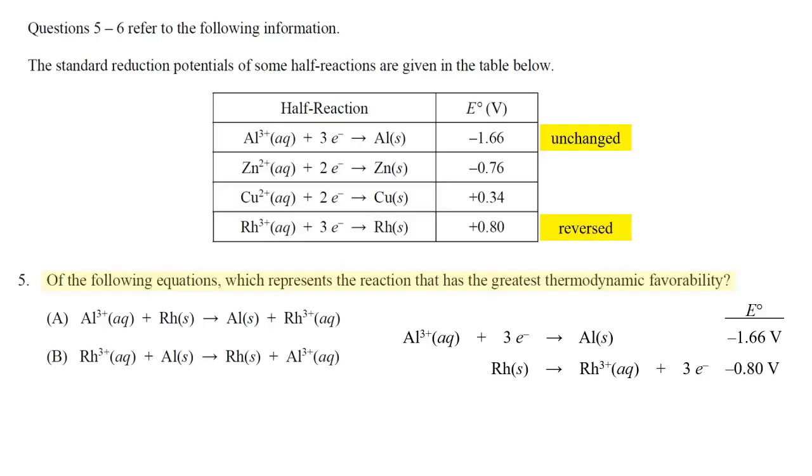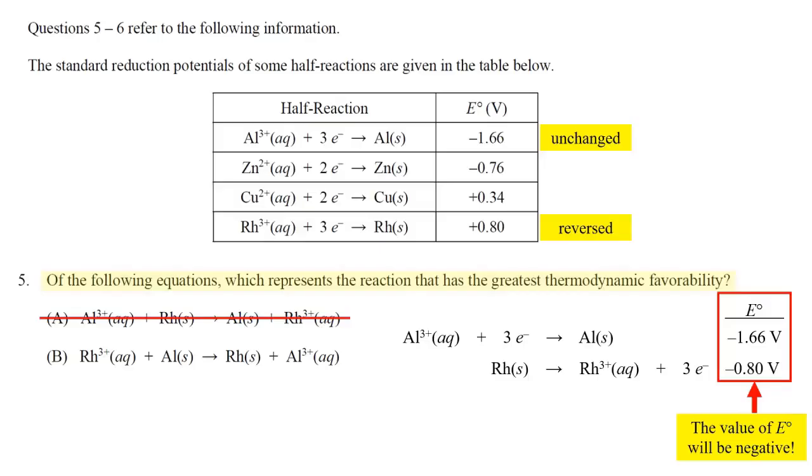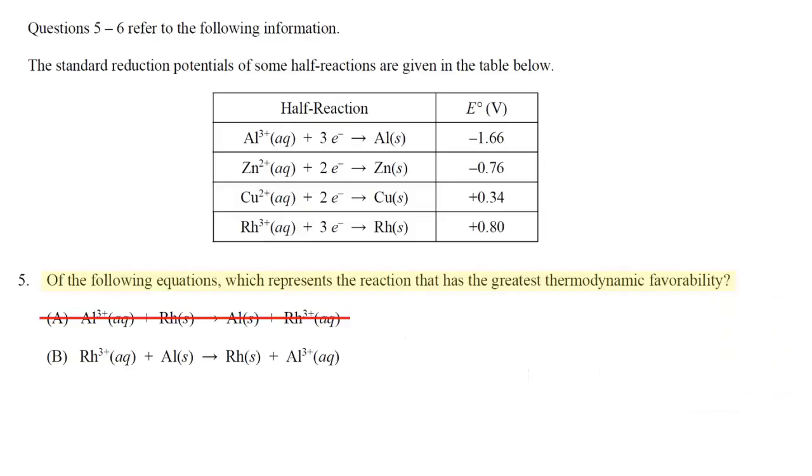It was listed as positive 0.80 volts, but now because I reversed that reaction, it is negative 0.80 volts. If we combine these two half reactions written exactly as they are, I would get a negative value for the cell potential, which means it would not be thermodynamically favored. So I can eliminate choice A, which shows aqueous aluminum ions on the left and aqueous rhodium ions on the right. Let me go ahead and switch around my choices.